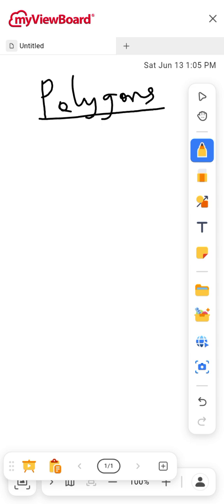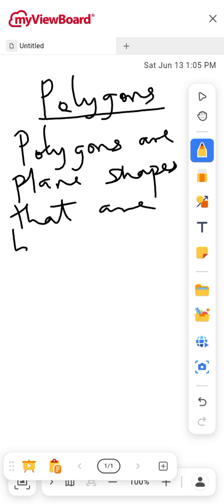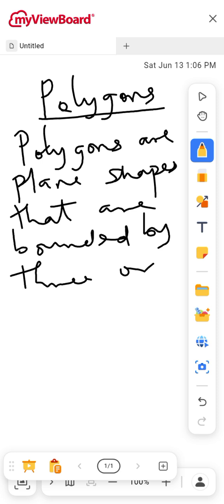And what do we understand by polygons? Polygons are plane shapes. They are plane shapes that are bounded by three or more straight lines.